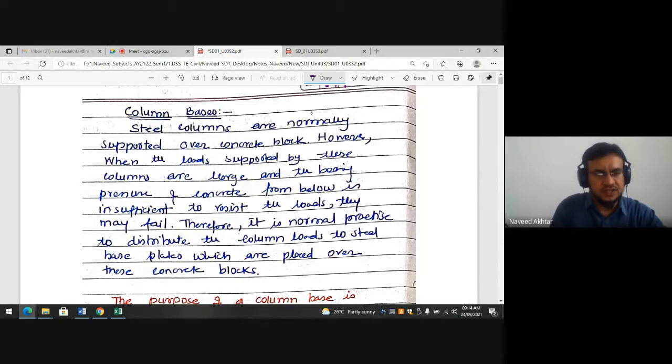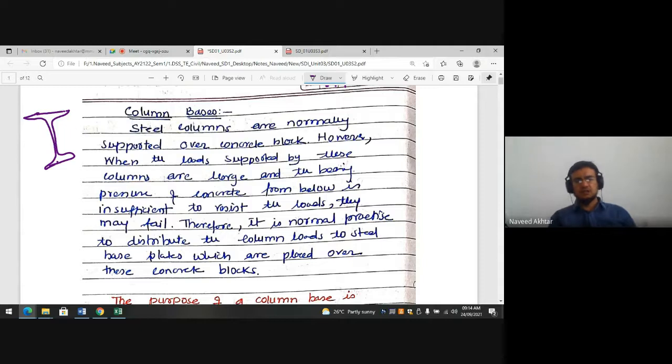very less. If you go for the I section, the cross-section dimension as compared to the concrete column is very less. Okay, so it requires very good compression strength.